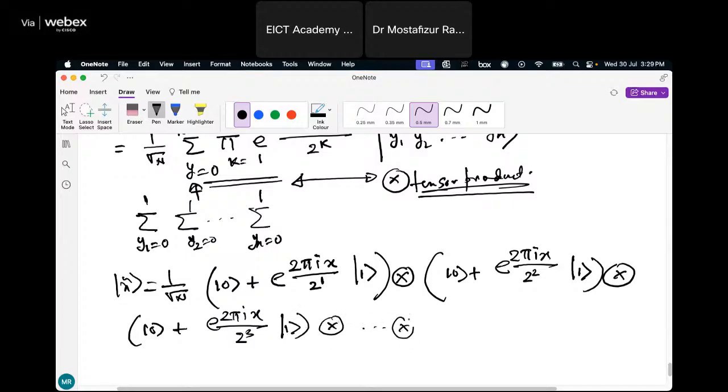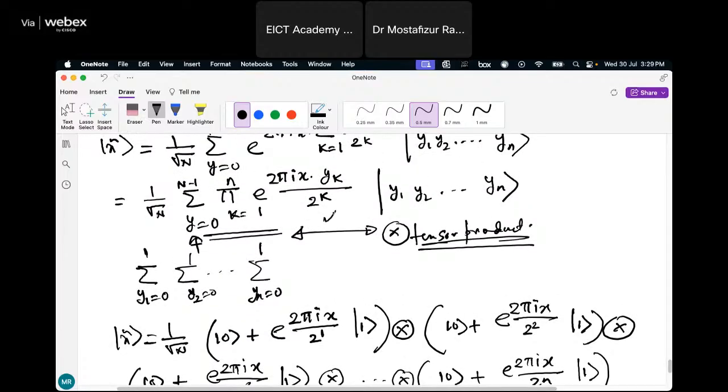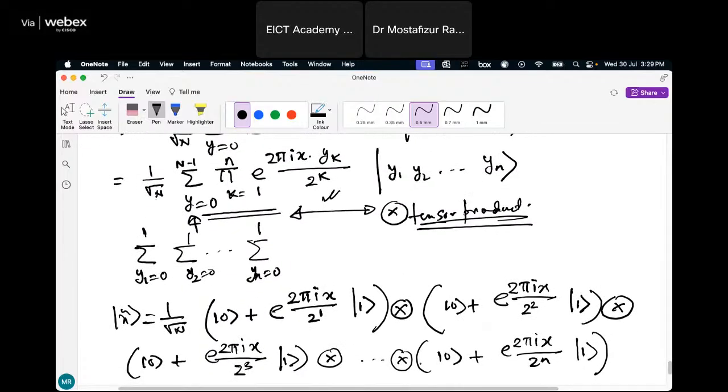I can continue, and the last term will be |0> plus e to the power 2 pi i x by 2 power n |1>. So this is just writing the same equation in the tensor product form.